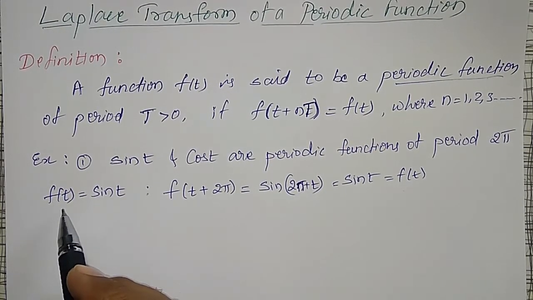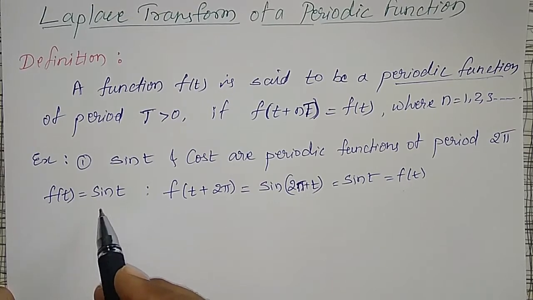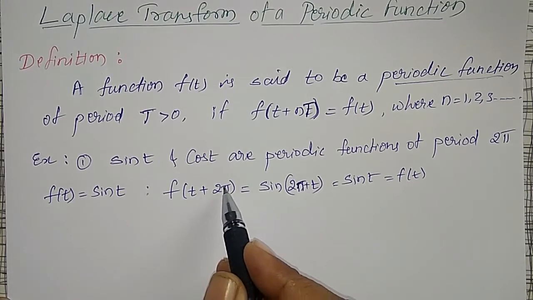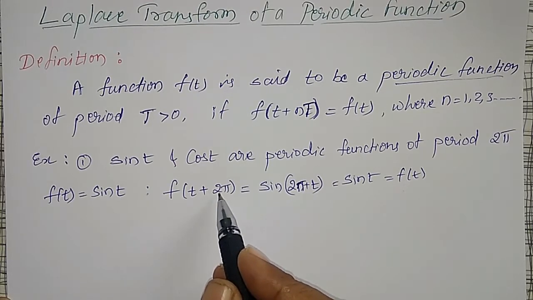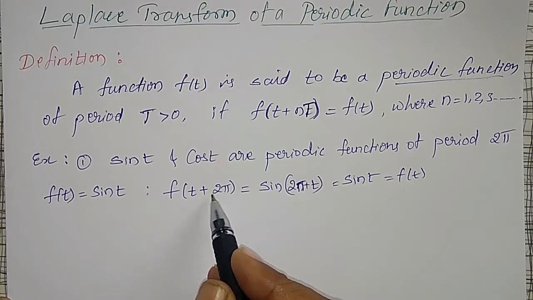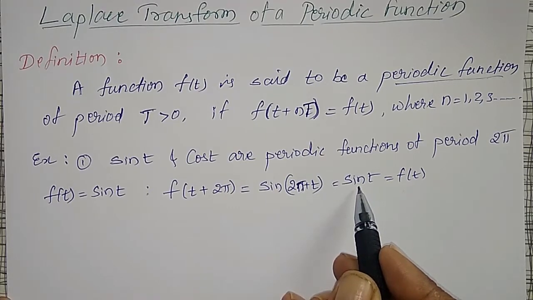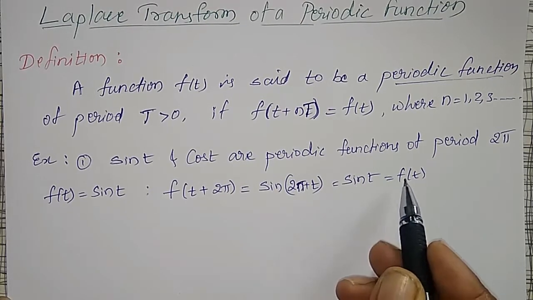If f of t is equal to sin t and t is replaced by t plus n T, choosing n equal to 1 first, I am going to get sine of t plus 2 pi, which is also equal to sin t by using the allied angles, therefore it is f of t.